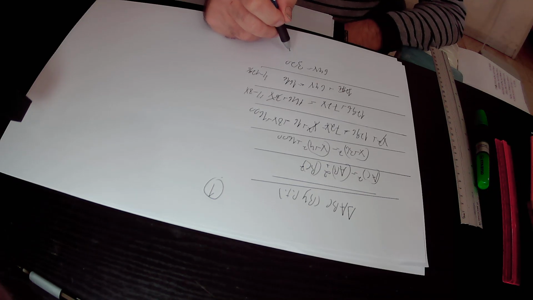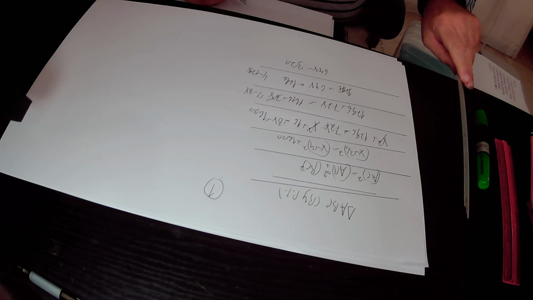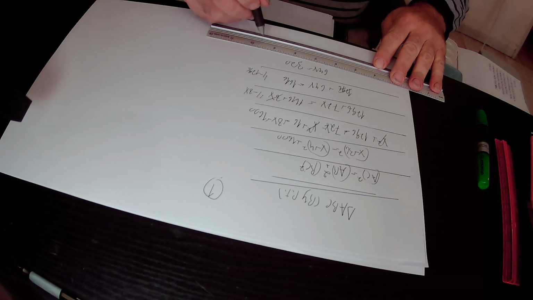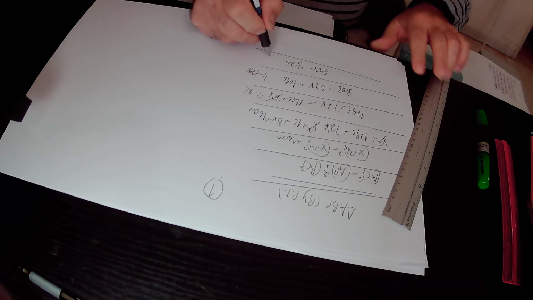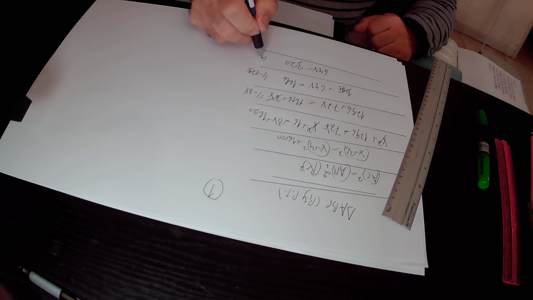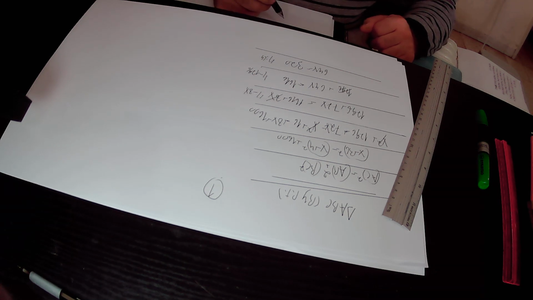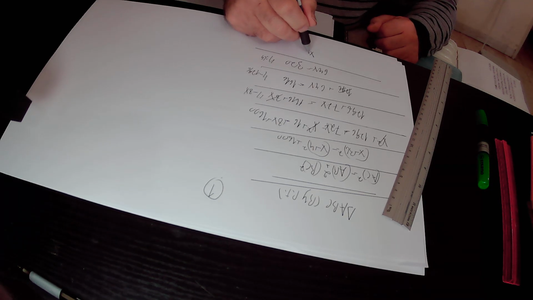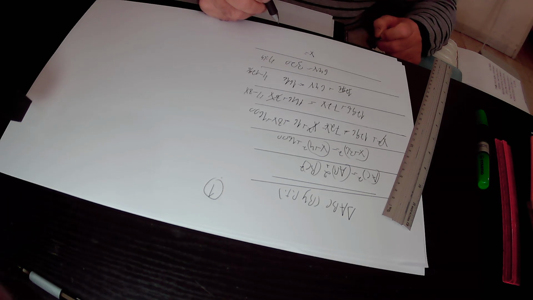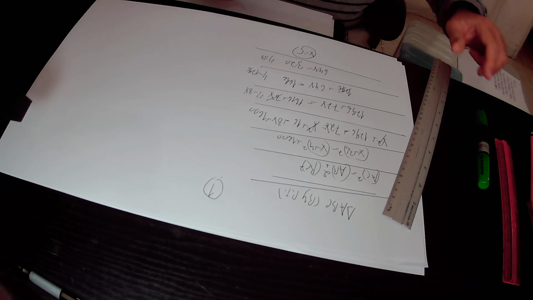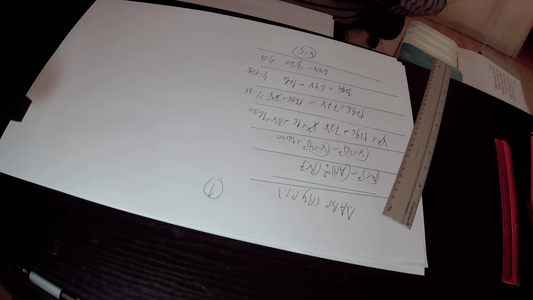So we found out that 64x equals 320. Here we divide this equation by 64 and we get that 64x over 64 is x, equals 320 over 64, which is 5. So in total, we know that x equals 5 units in its length.